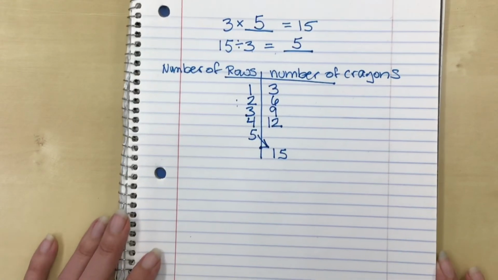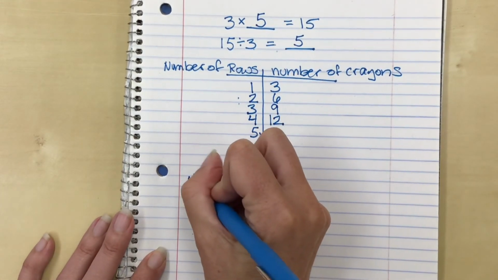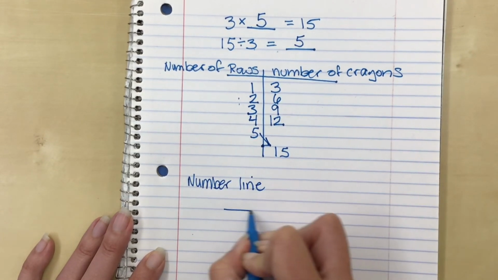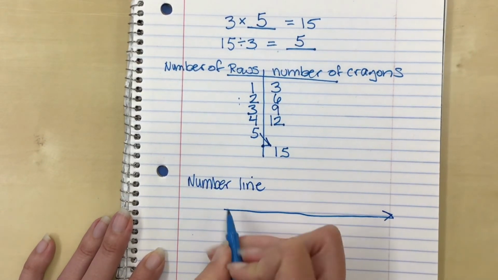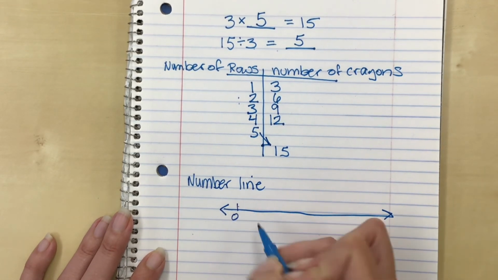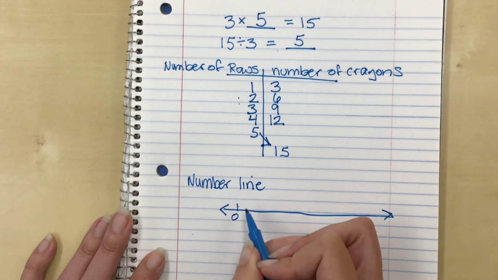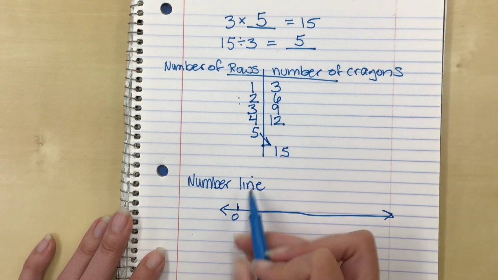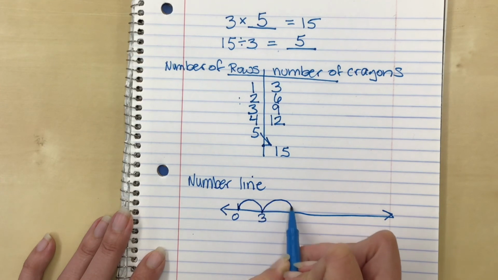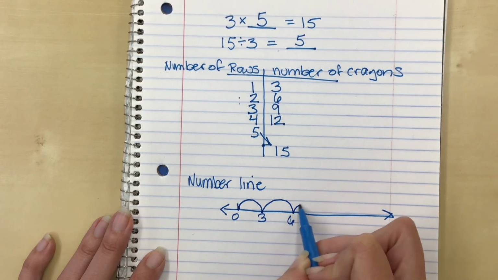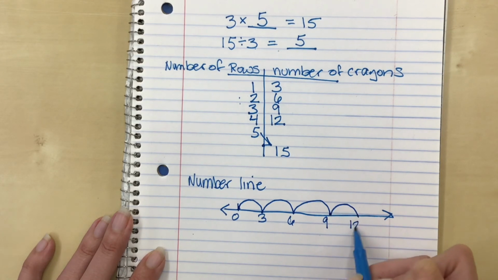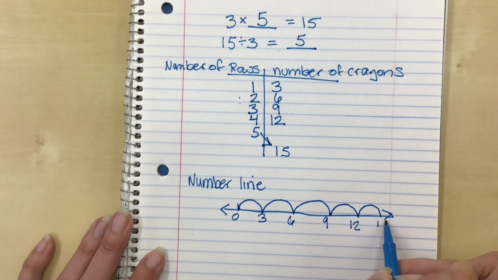Or did you use a number line? Let's go ahead and use a number line. You drew it out like this. Maybe start with the 0. We've got 1 times 3 is 3. 3 times 2 is 6. 6 times 3 is 9. 9 times 3 is 12. 12 times 3 is 15.